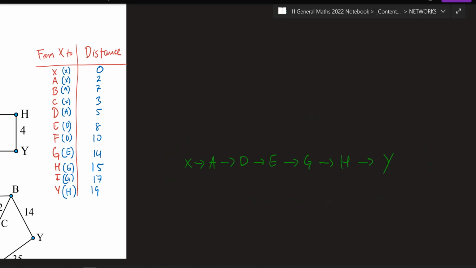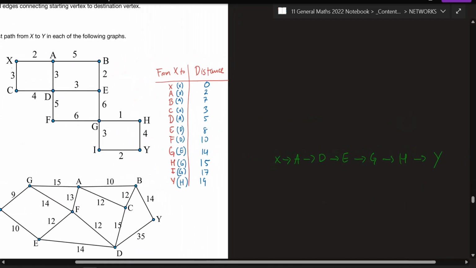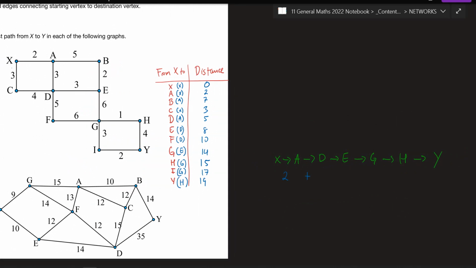You can actually test it if you want. X to A is a distance of 2, plus A to D is a distance of 3. D to E is 3.